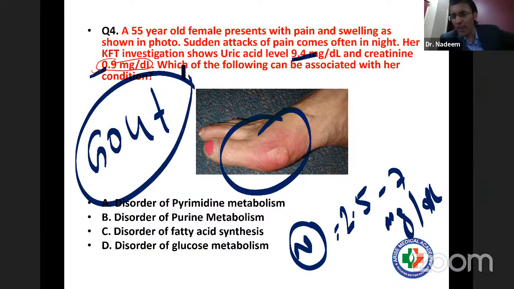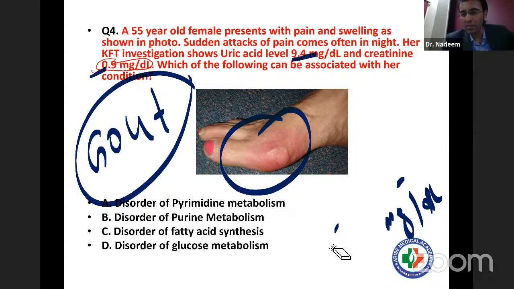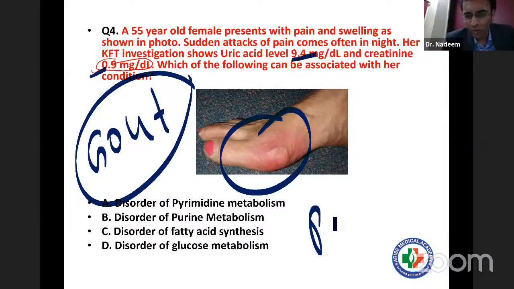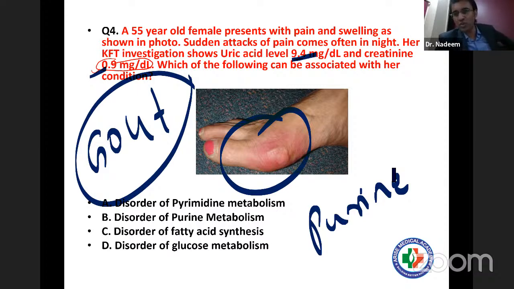And in gout, where do we see hyperuricemia? Let's learn some points about nucleic acids, which we have learned in purine metabolism and pyrimidine metabolism. In purine metabolism, we have understood that whenever there is increased metabolism of purine, the human body cannot store purine, so there will be catabolism.